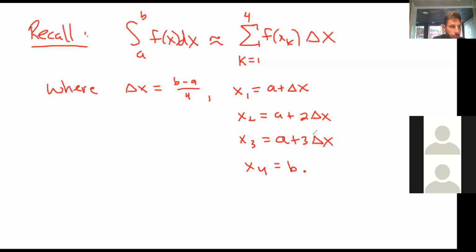So let's apply these Riemann sum ideas to our particular problem, and don't forget what all this means. We'll draw the picture of this for our particular problem in a second. So if we apply all that for our integral, what is our integral?